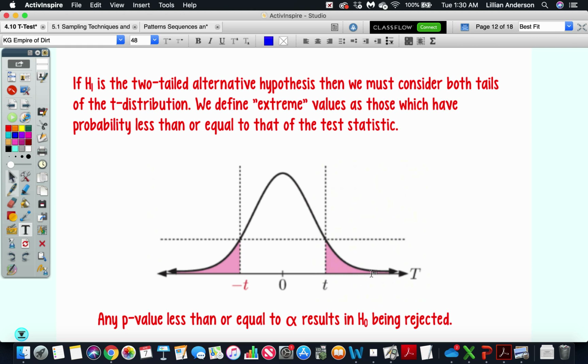It does represent a probability. The main thing I want you to take away from this is that any p-value less than or equal to alpha, which represents the significance level, results in the null hypothesis being rejected. That has not changed. If the p-value is less than the significance level, then you reject your null hypothesis.